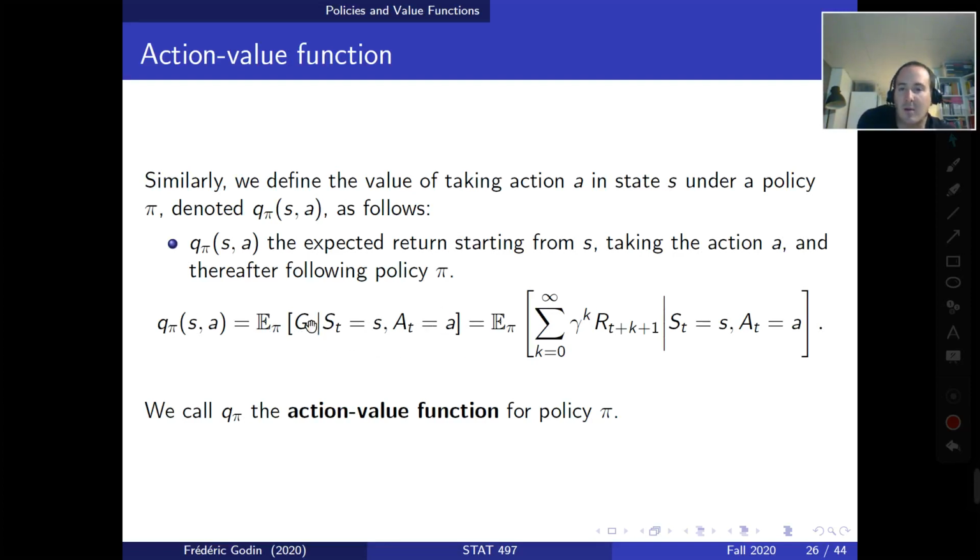And we can replace again the return G_t by the sum of all discounted rewards. So this function Q pi is defined as the action value function for policy pi. So we've defined the state value function, which is v pi, and the action value function, which is Q pi.